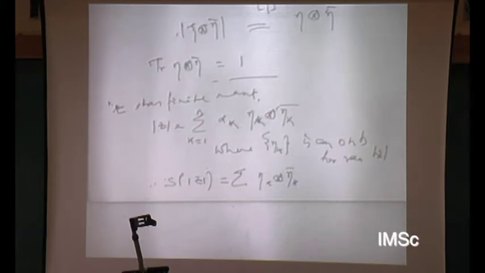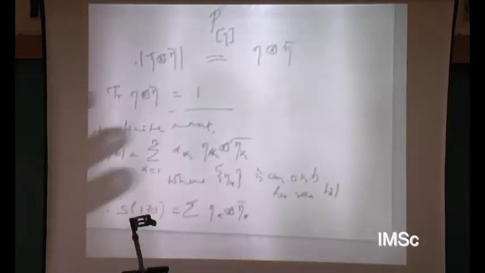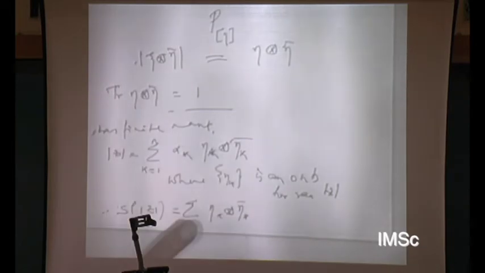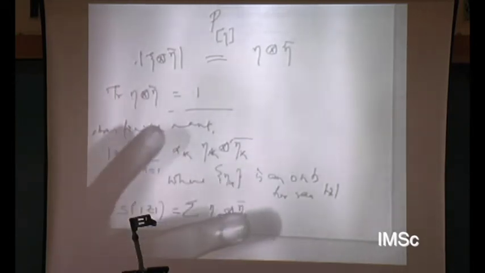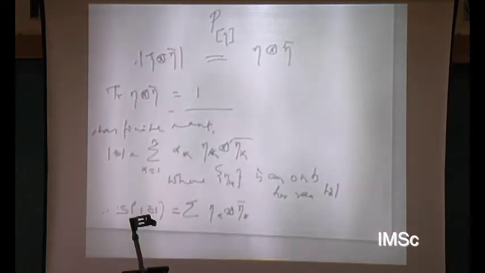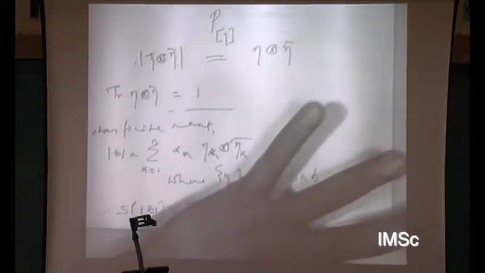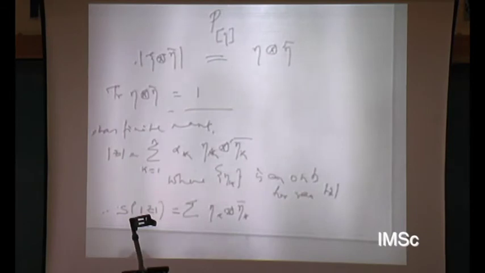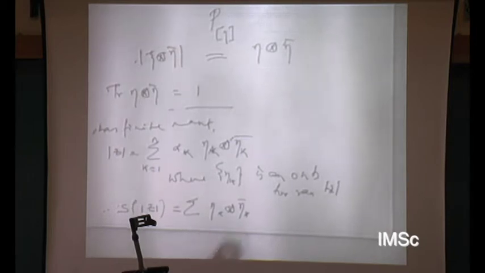For this you don't even need it to be finite. You take any subspace, and you want a description of the projection onto that subspace: you take an orthonormal basis eta k for that subspace, and the eta k tensor eta k bars will all be rank 1 projections.